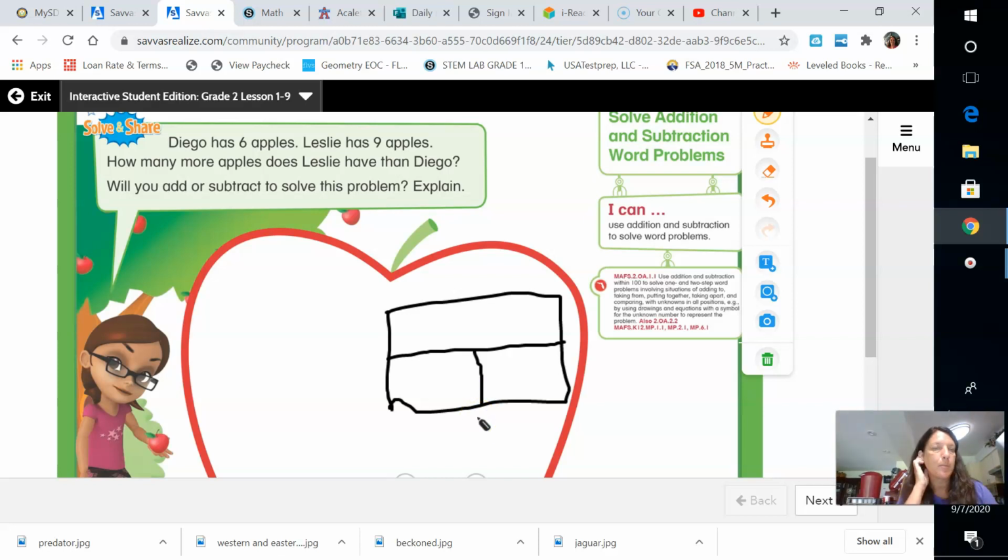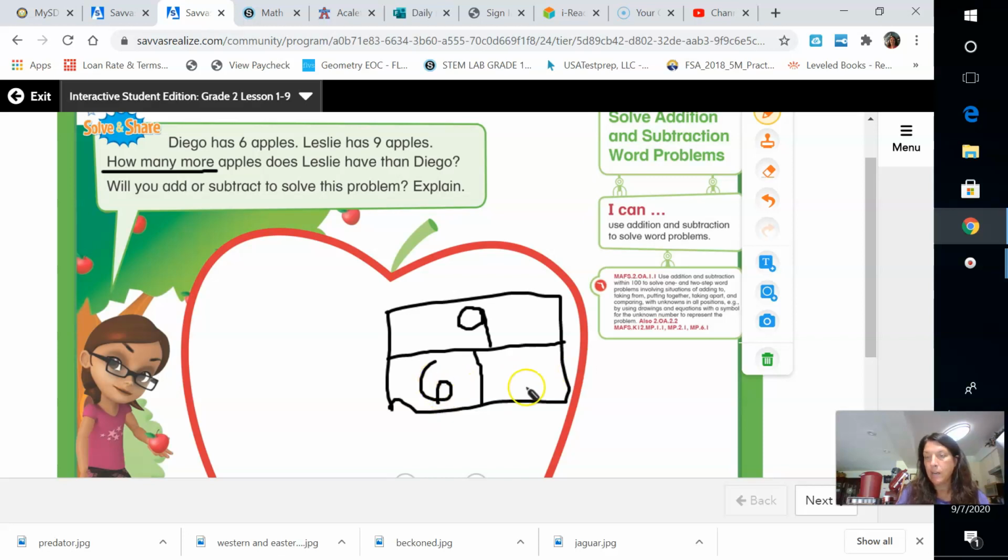Diego has 6 apples. Leslie has 9 apples. Oh, I see right here the words. That's what I want you to highlight right there. How many more apples does Leslie have than Diego? So that tells me this is a subtraction problem, and we're comparing the numbers 9 and 6.